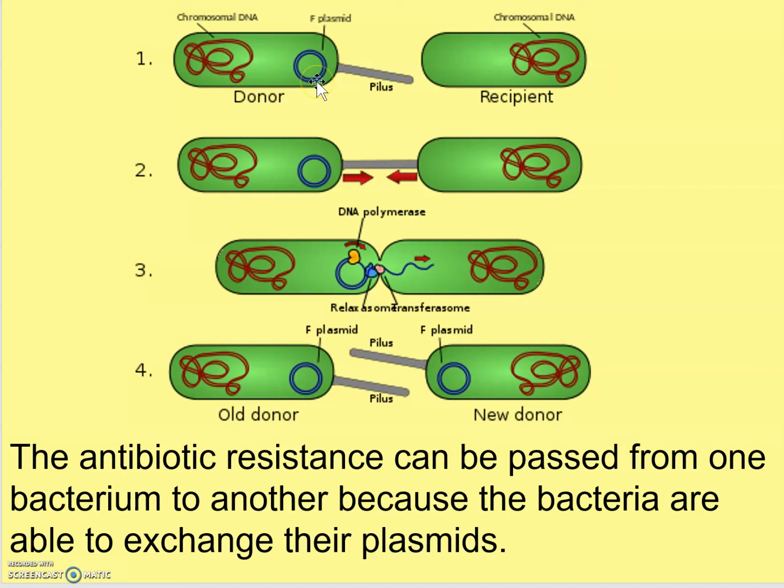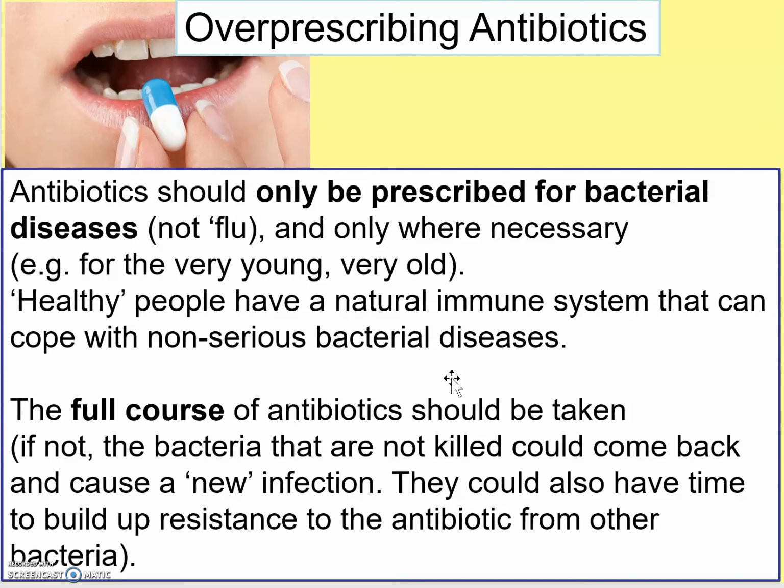So if you remember, we said that these bacteria have plasmids, which are extra genomic pieces of DNA, little circles of DNA that may have a gene in it for antibiotic resistance. And they're able to pass it to a bacterium that doesn't actually have it through these pili. All right, so right down the bottom, you end up with two bacteria, each of them now carrying the antibiotic resistant gene.